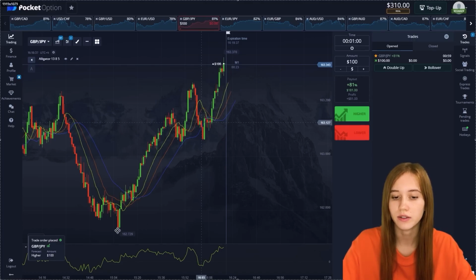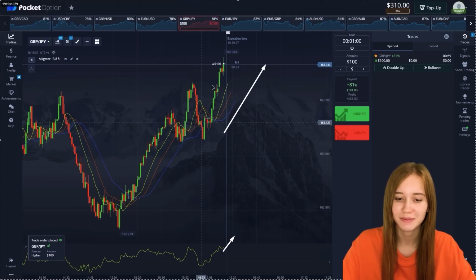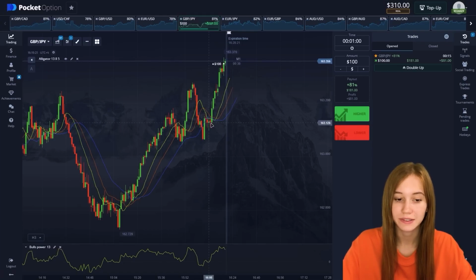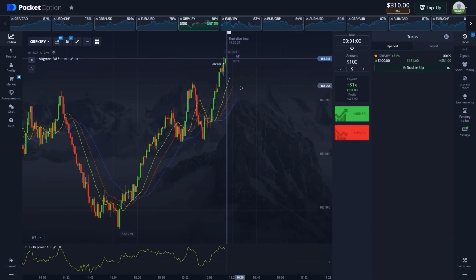This is already the third sign. Open up. According to the second indicator, we see the guide is directed upward. This is the fourth sign for opening upwards. Let's see the situation. So we see it clearly, and there are 10 seconds until the end of the deal.